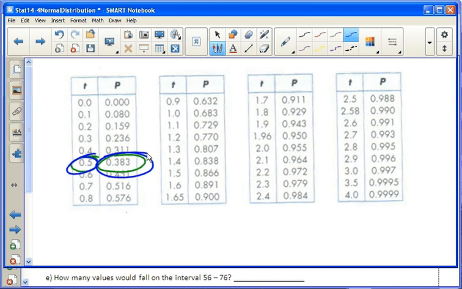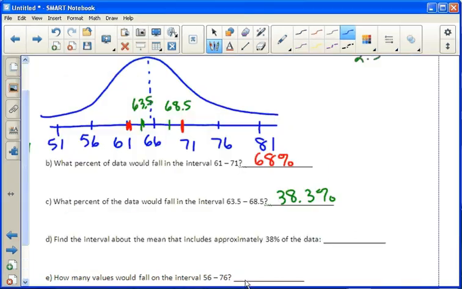So the interval would be exactly what we had before, 63.5 to 68.5. Because half of the standard deviation is 5, so that's 2.5. And if you do 66 plus 2.5, you get 68.5. Or 66 minus that, you get 63.5.